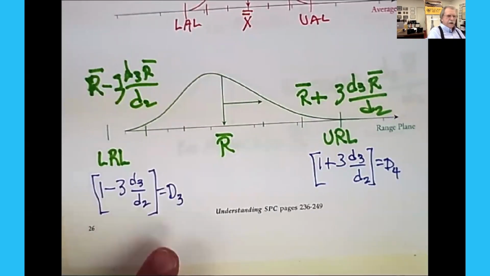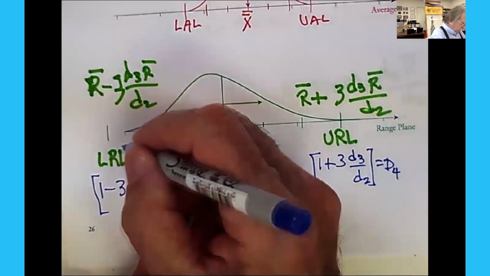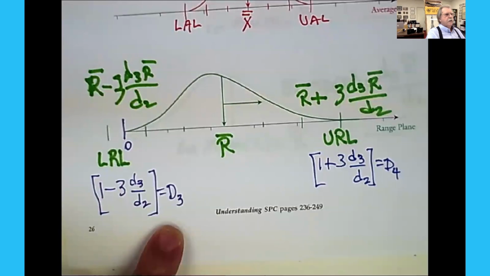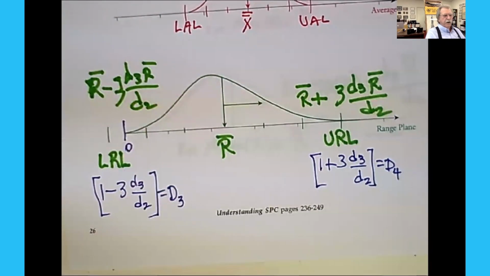But capital D3 is negative until your subgroup size is 7. So you hit the barrier of 0 and generally don't have a lower limit on the range chart until you have a larger subgroup size, 7 or more.